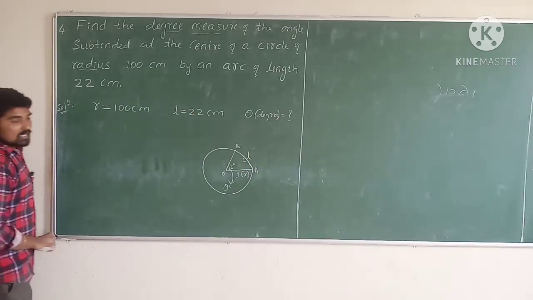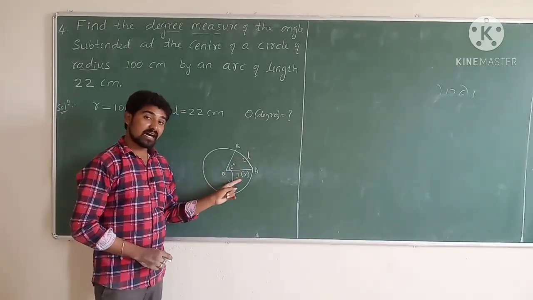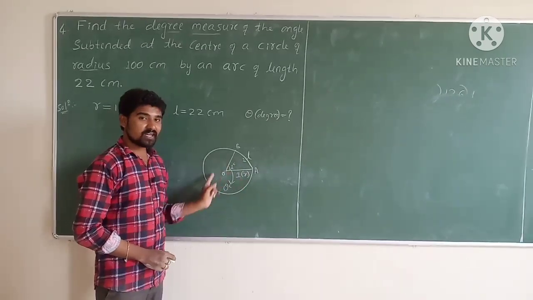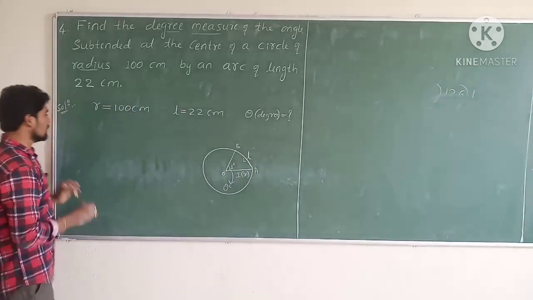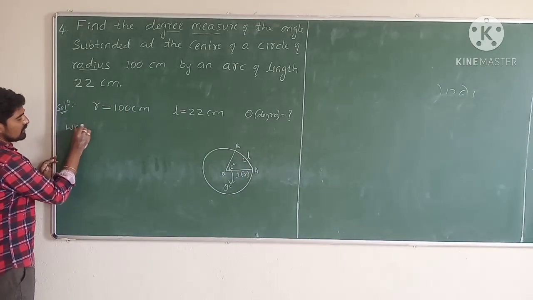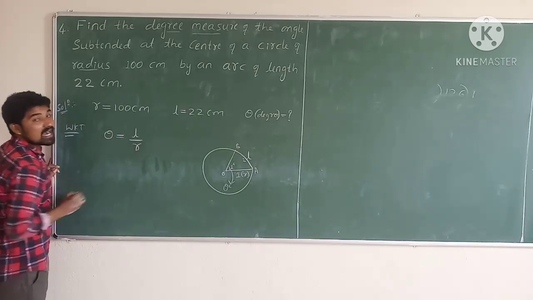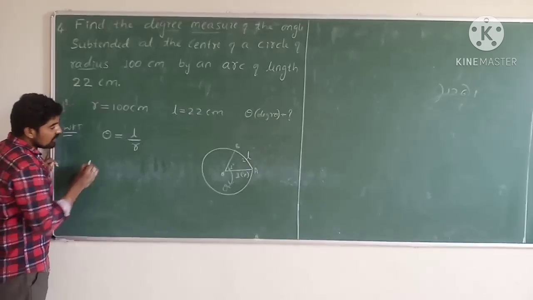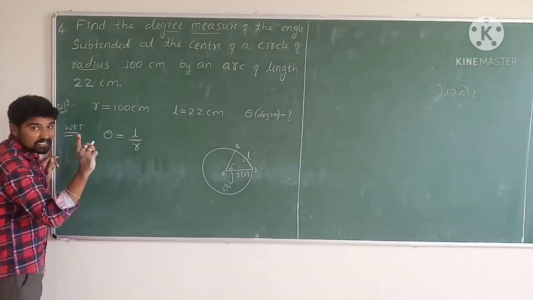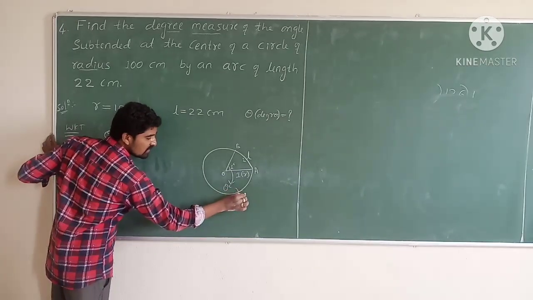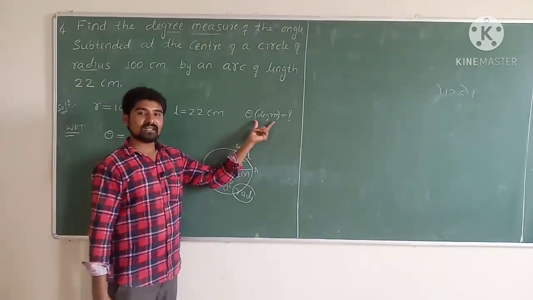Now we know a relationship between theta, L and R when we are discussing radian measure. As I said, the relation between theta, L and R is given by theta is equal to L divided by R. When we get the value of theta from this formula, that angle is in radians, but what we need is the degree measure of the angle.